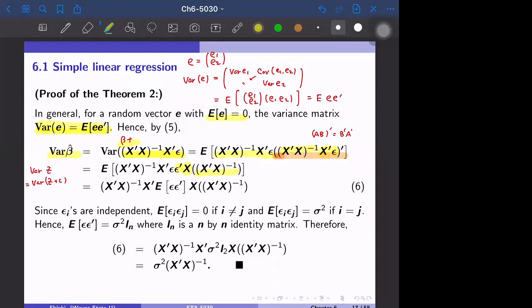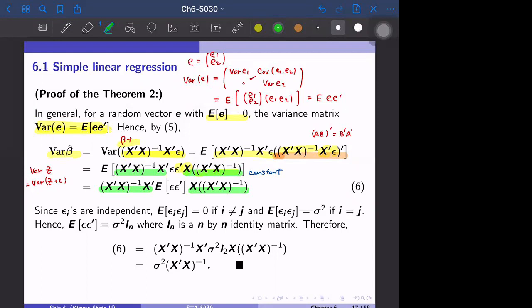Now we have this term and this term, but these are constants. Remember that only epsilon brings in the randomness, so you can always put the constant outside the expectation.